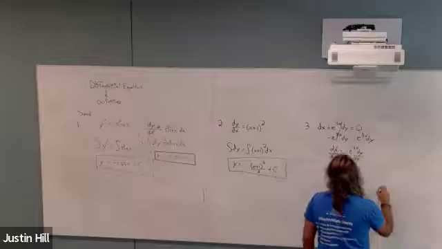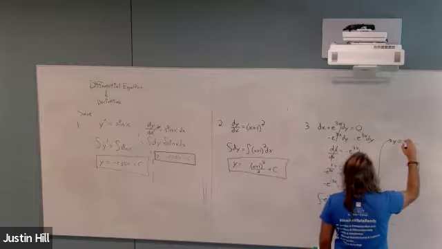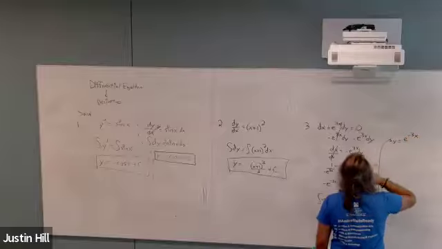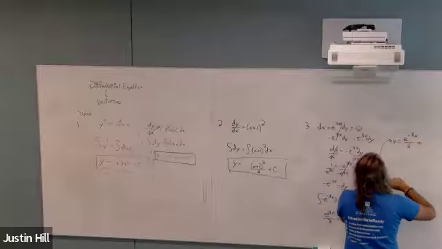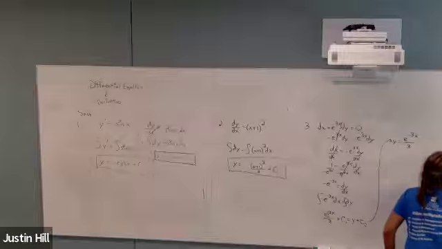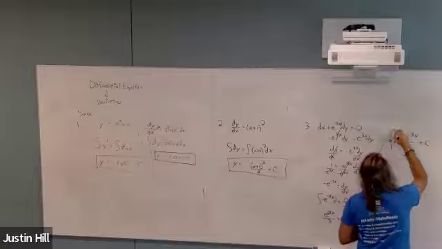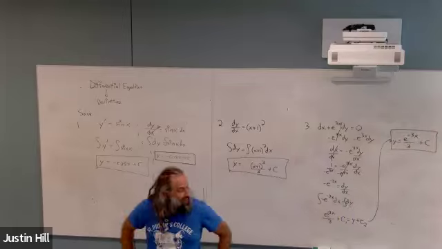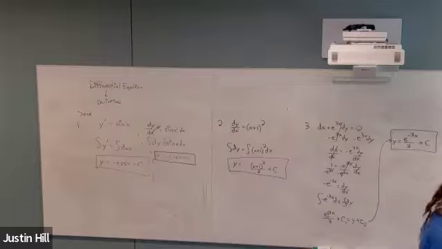So what we end up with is y equals e to the negative 3x over 3 plus c. And that is the solution to our differential equation.